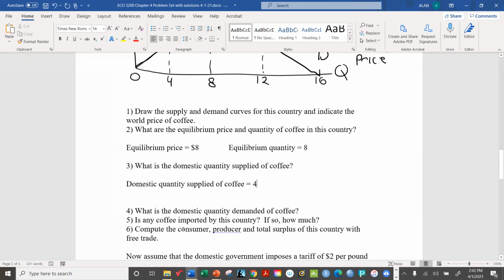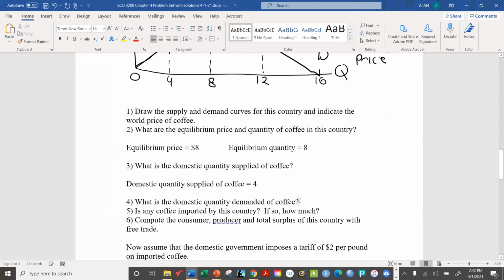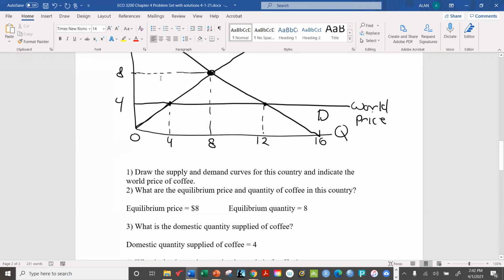We also want to know what's the domestic quantity demanded of coffee. It's such a low price that the domestic quantity demanded is way over here, 12 million pounds. So the quantity supplied here is 4, but the quantity demanded is 12.